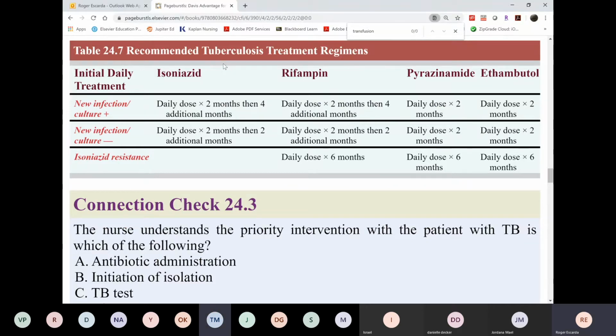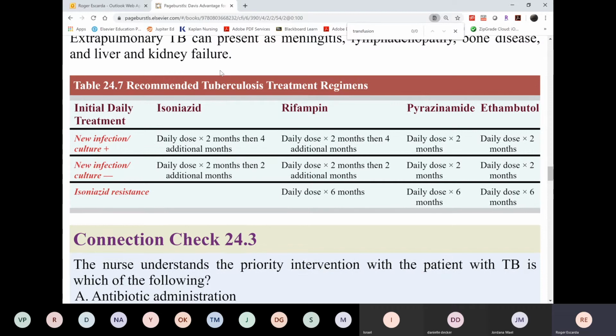For instance, which drug causes a reddish orange discoloration of the urine, what precautions are to be taken while on the drugs, especially with alcohol, which drug causes eye damage, which drug causes liver damage, etc. Lastly, how do we take it?